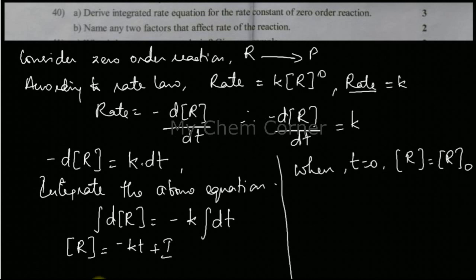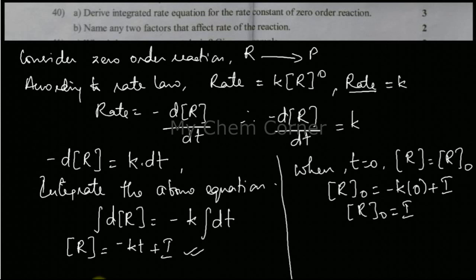When you substitute it back in the previous equation, you will get R0 is equal to minus K into 0 plus I. 0 into anything is 0, so therefore R0 is equal to I. Substitute R0 is equal to I in this equation, and therefore you will get R is equal to minus KT plus R0.